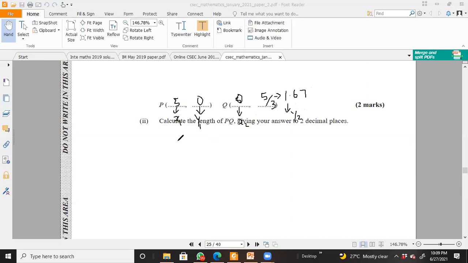We are going to find the length. The length is equal to the square root of x2 minus x1, squared, plus y2 minus y1, squared.